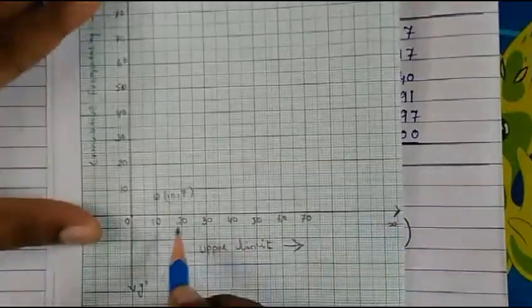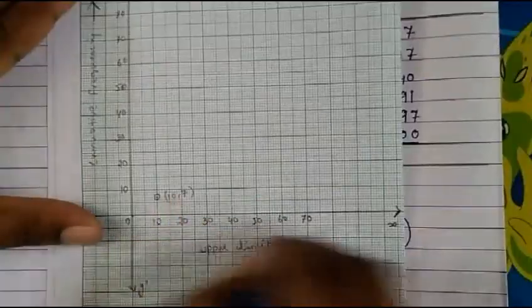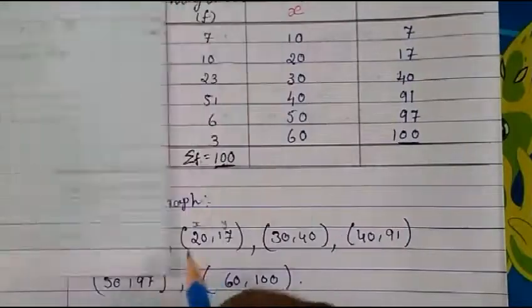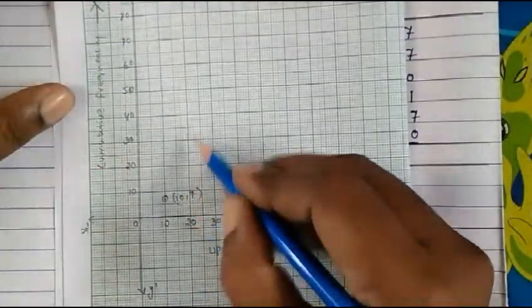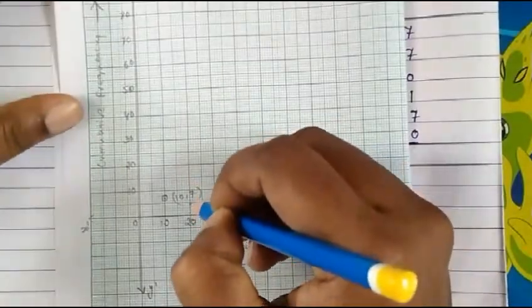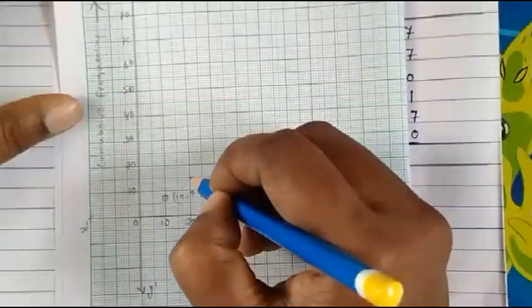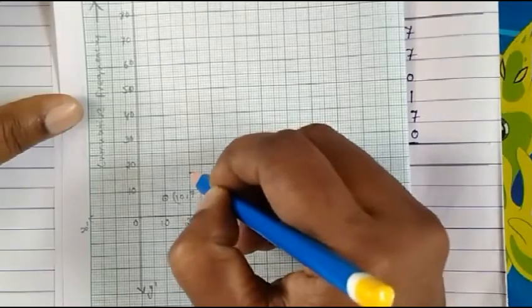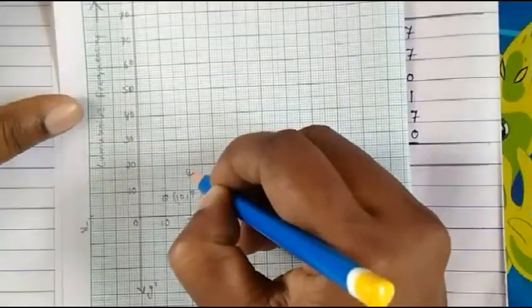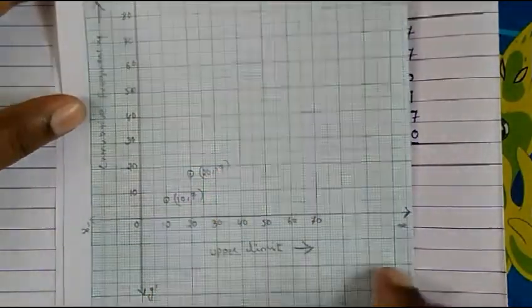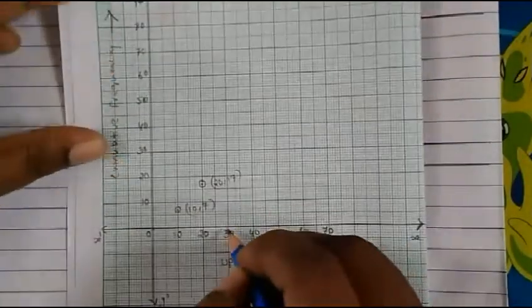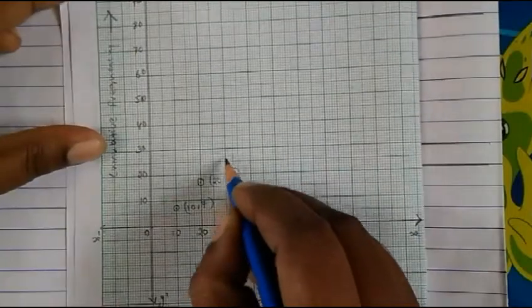So next 20 comma 17. 20 is here for x, and next 17: 20 is here, then 17 is in this direction, this is 10, this is 15, 16, 17. So 17 is here. So 20 comma 17. Then 30 comma 40. On the x-axis 30 is here, on the y-axis 40 is here.